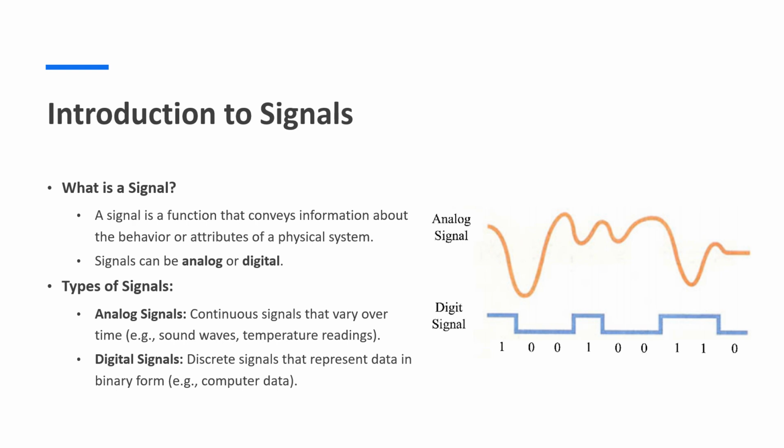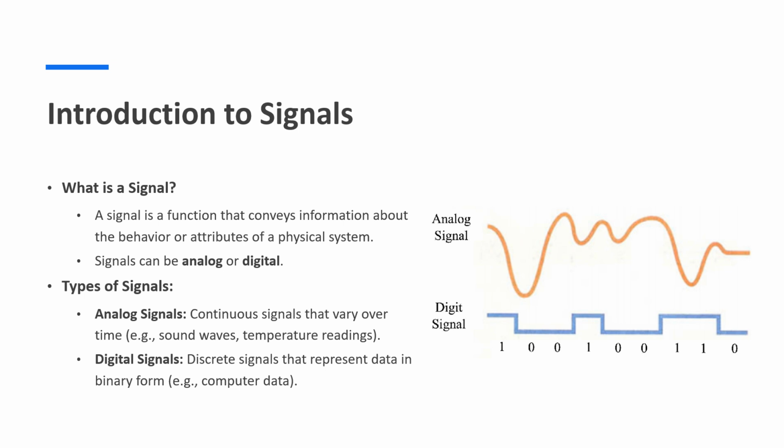So think of it like a messenger that tells us something about how a system is working, right? So a signal can be of two main types. The first one is an analog signal, and the second one is a digital signal.